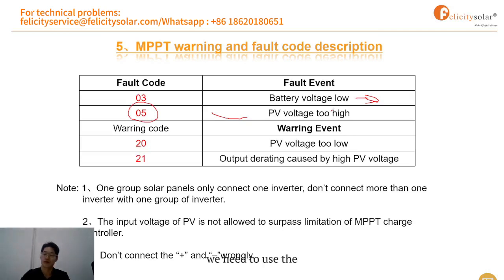We need to use a multimeter to check the voltage of the PV from the positive and negative terminals. Just check if they are within the limitation of the MPPT solar charge controller. And that's the fault code.